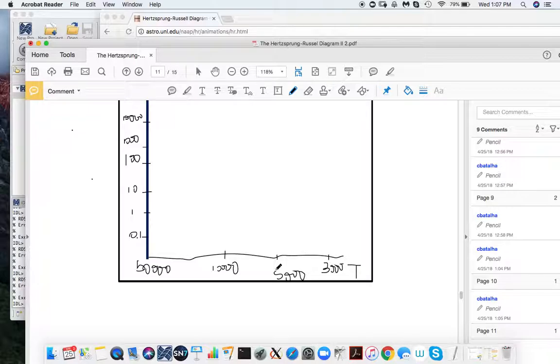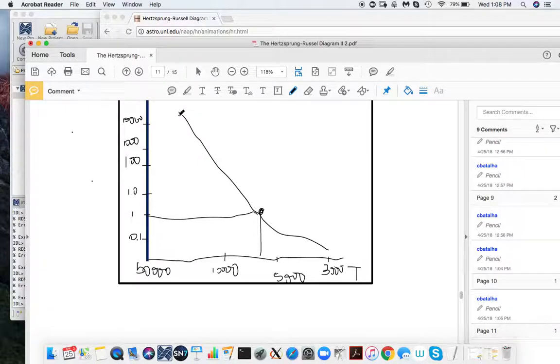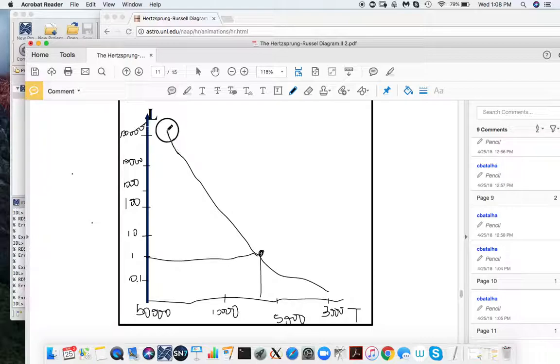Now, what is the sun? The sun is a little bit hotter than 5,000. It's 6,000. So the sun is somewhere here. That's the sun. 1 solar luminosity and about 6,000 Kelvin. And the main sequence is somewhere here. Then you draw the main sequence. Right? You draw the main sequence.